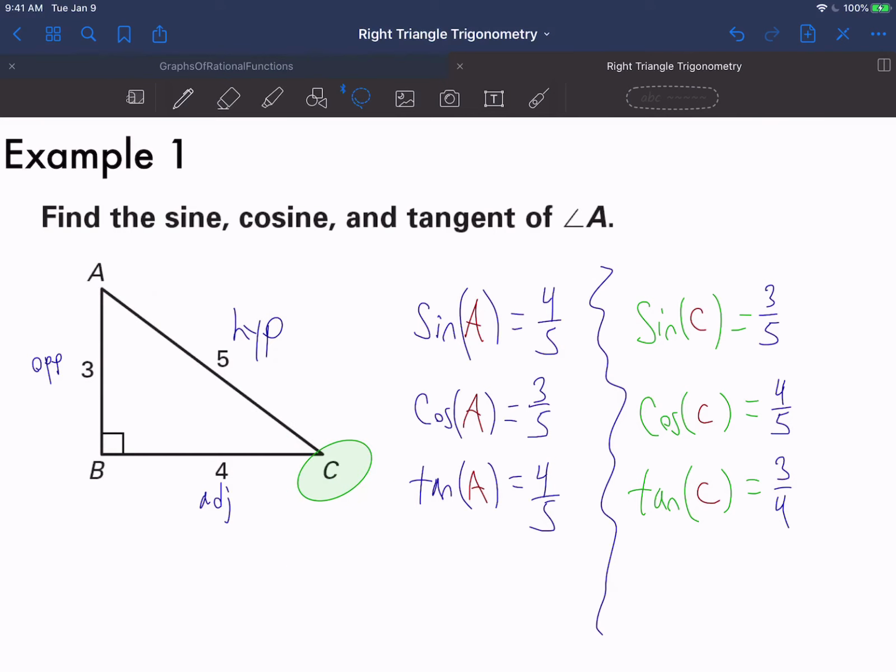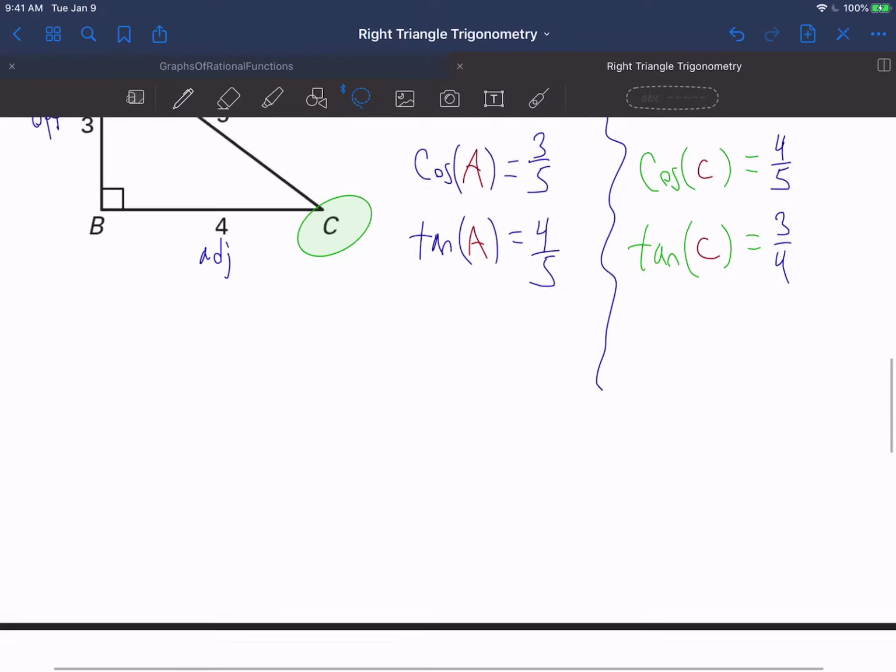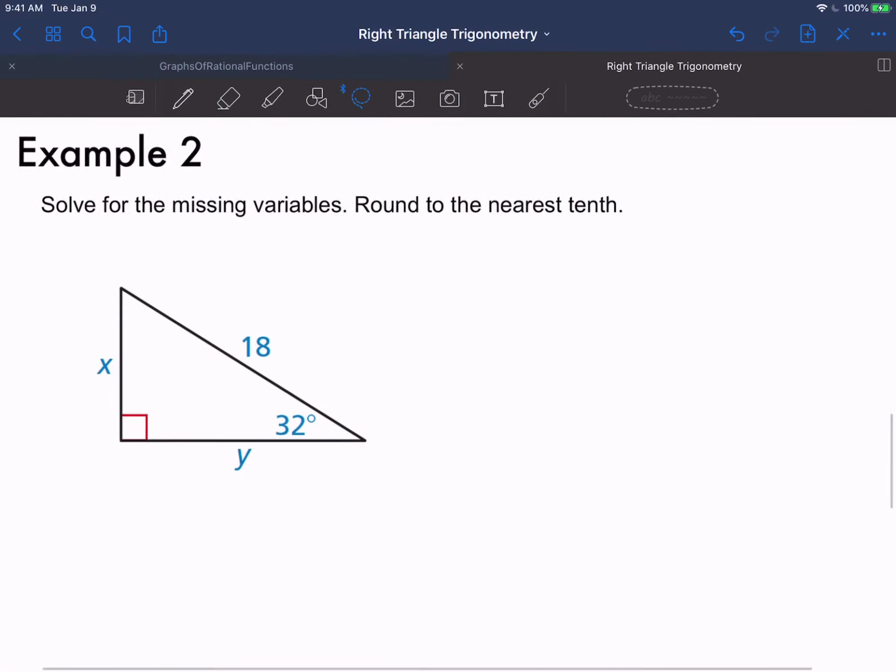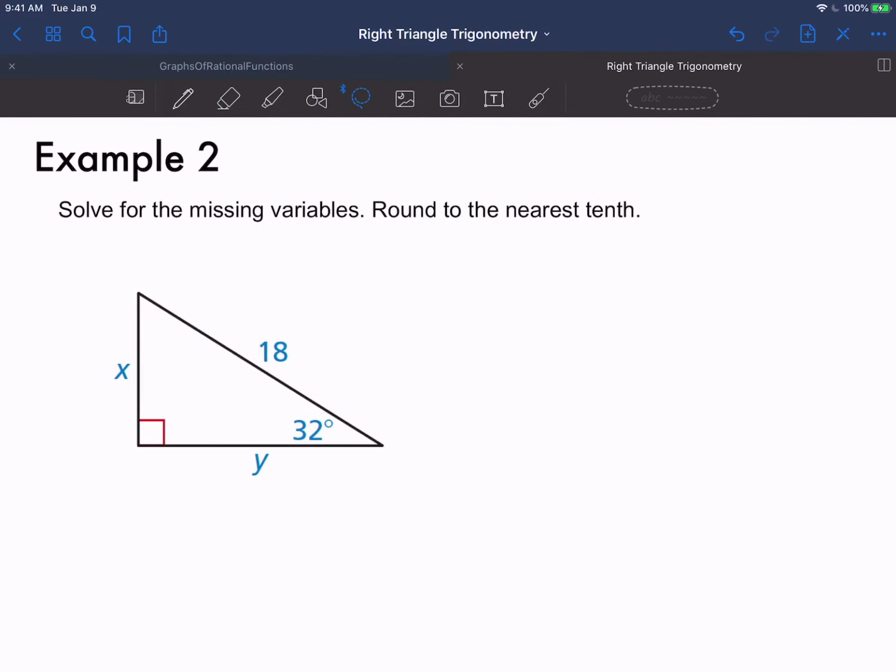Okay, so why are we learning about trig? Well, trig makes it possible for us to find missing measurements in a right triangle when you only have an angle and a side. So let's look at this example 2 over here. So they want us to actually find the missing variables. They give us angle 32 degrees. We don't even have any letters on the angles right now. We just have a bare right triangle, and we're just solving for x and y.